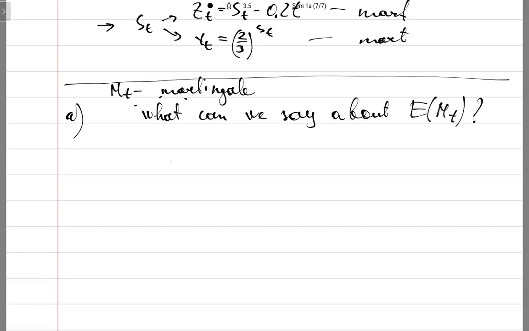If I look at the defining property of a martingale, the expected value of Mt given Fs is Ms. That's the definition of a martingale.